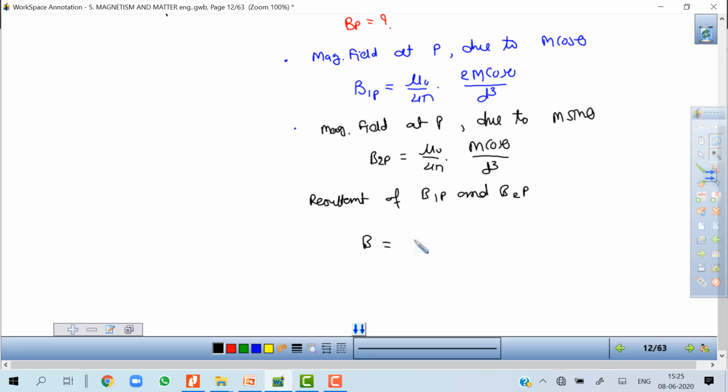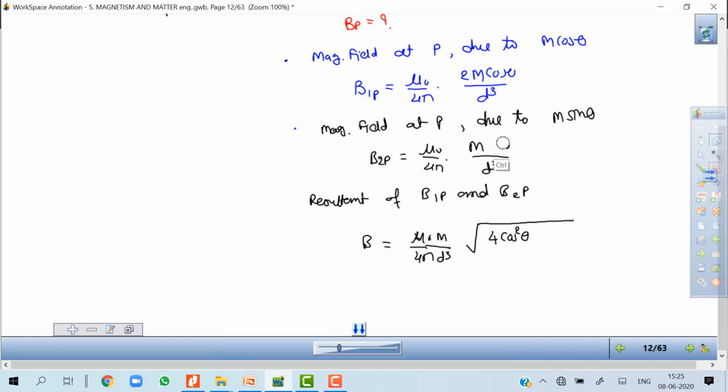So mu 0 upon 4 pi is common, m is also common, d cubed is also common. Then in the root, what do we get? Square of this, so 2 square means 4 cos square theta, and square of this, I made a mistake, it's sin theta because it is m sin theta.